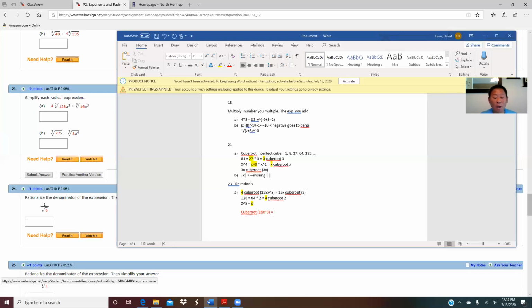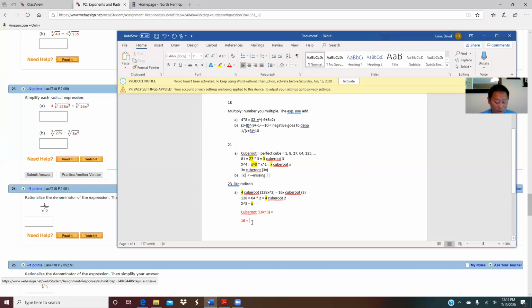So 16, anyone know what goes into 16? 8, 27, 64, 125. Which of these numbers goes into 16 here? This is not that tough. Yep, 8 will be the correct number.